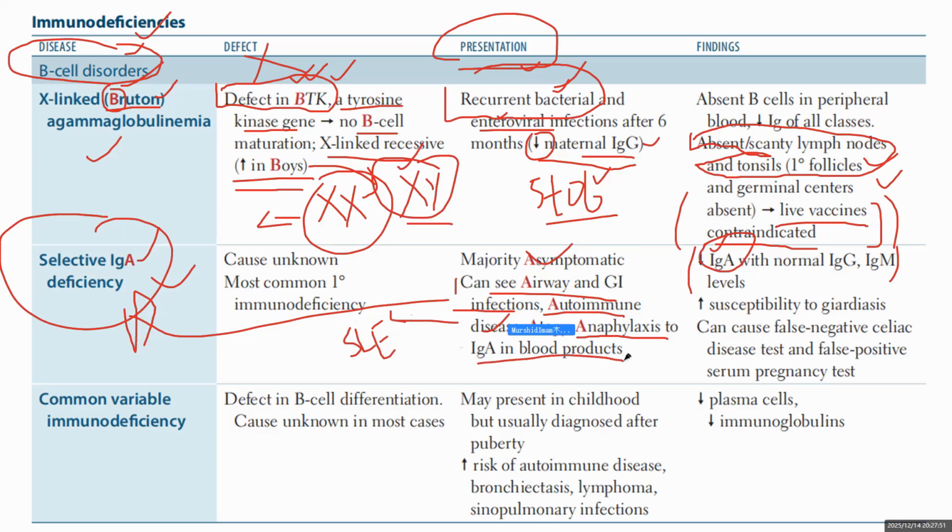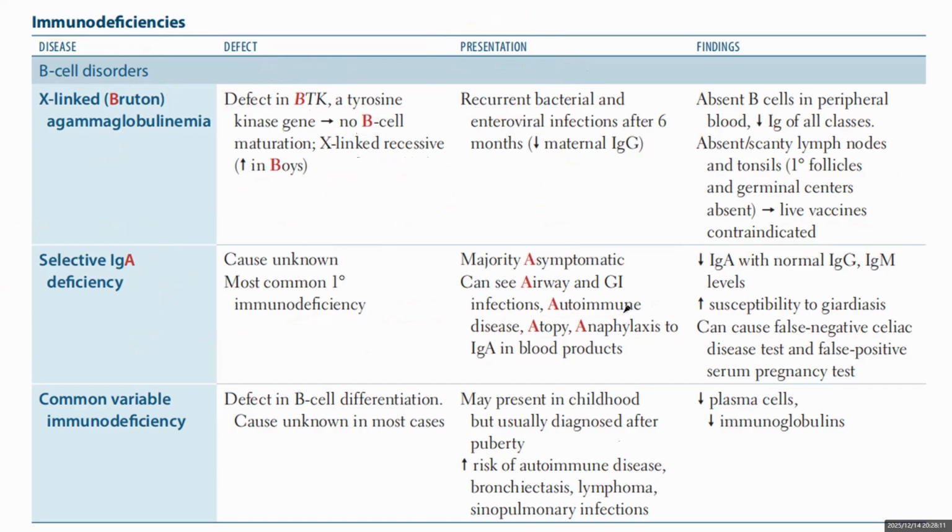Why is that? Because they do have anti-IgA antibodies. That is why if they receive any blood which contains IgA, they can get an anaphylactic reaction. This is a key point that examiners love to ask. I repeat it once again.